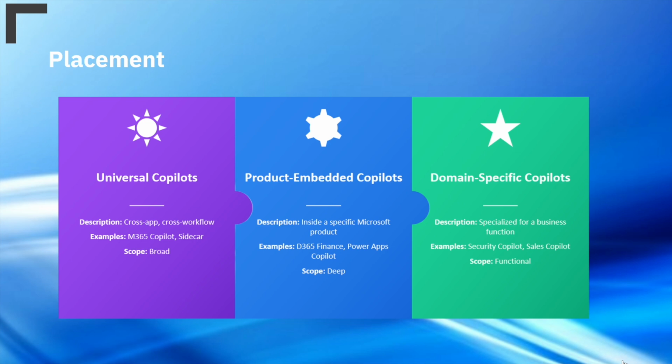Here, what is most mixed up is M365 Copilot and D365 Copilot. M365 Copilot is, for example, Excel, PowerPoint, Outlook, Teams. D365 Finance is, of course, for finance and operations related product embedded copilots.